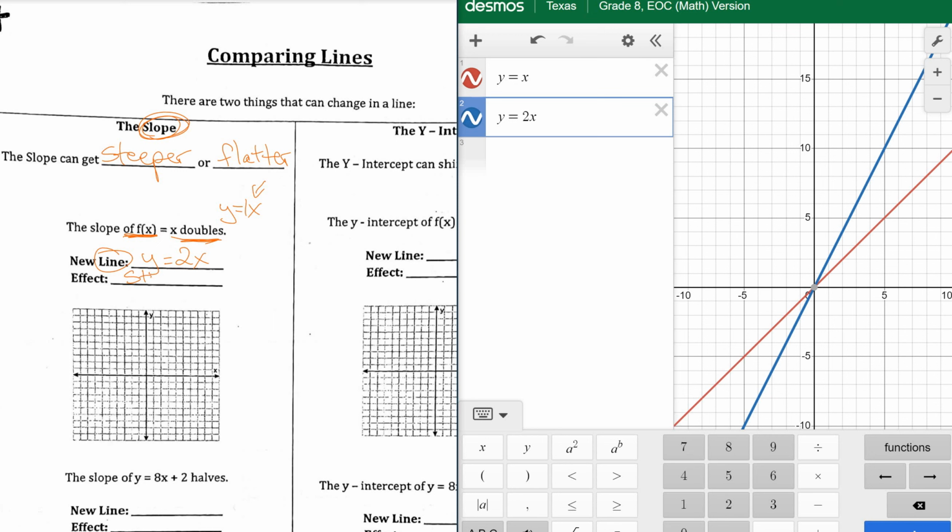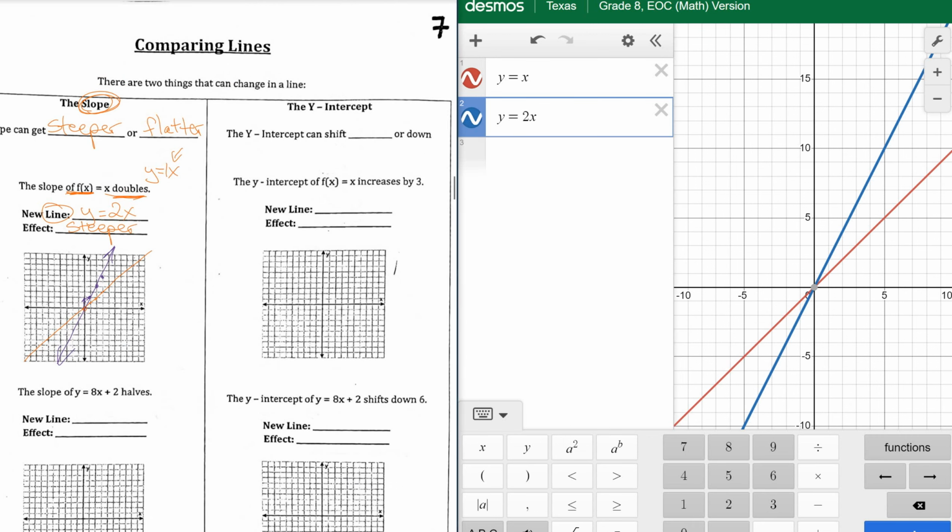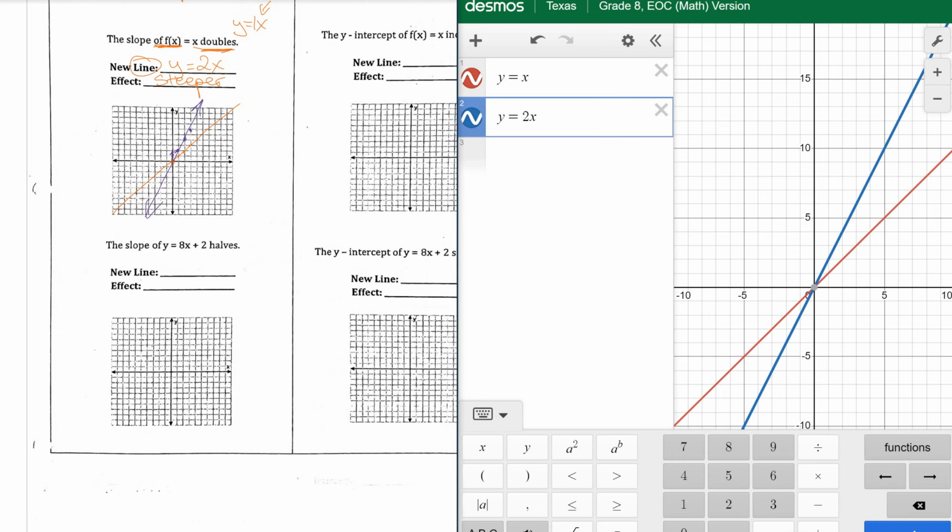We can draw the original one as going up 1 over 1. The next one is going up 2 over 1. All right, so we can obviously tell that's a steeper line. You'll do this one down here and see what that effect is.